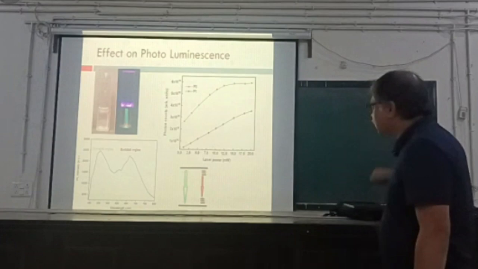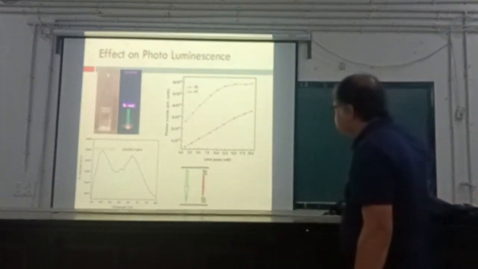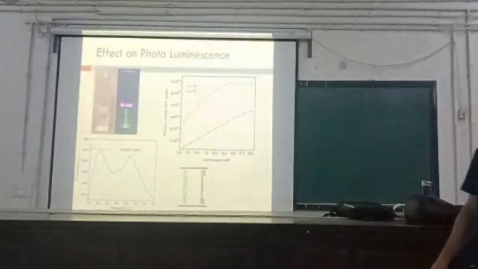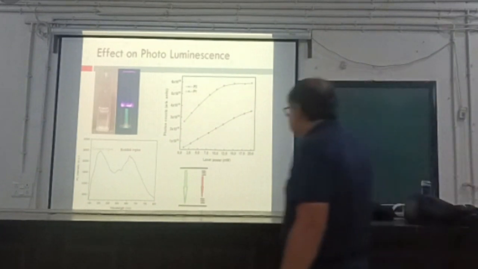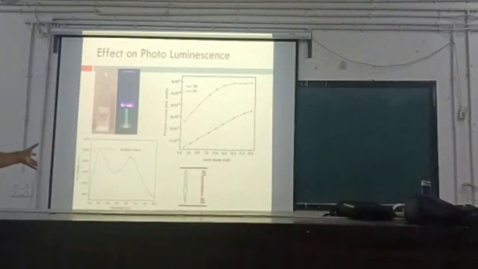Look, there is a green light and there is a red orange light. So what happens? The green light is coming from band to band transition, and the red light is coming from the surfaces. That's why the wavelength is higher. So you are getting two different types of luminescence coming from the sample in presence of surface states.